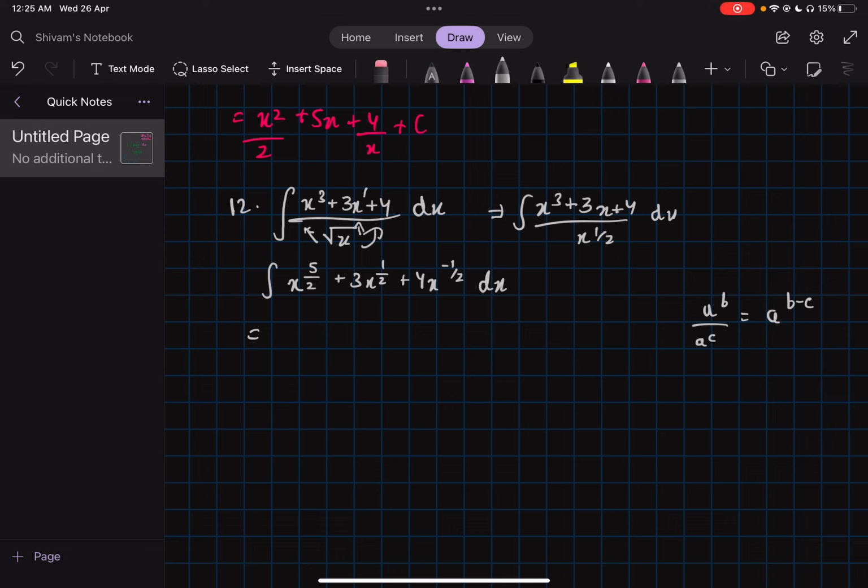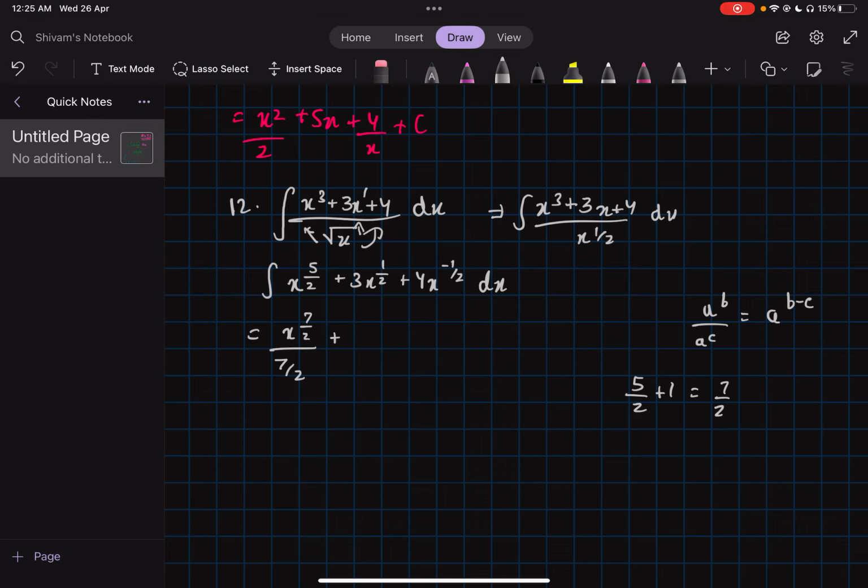Then you're going to want to use the power rule separately again. For x to the 5 by 2 power, you're going to want to add 1. When you add 1 to 5 by 2, what you get is 7 by 2. So x to the 7 by 2, you're now going to divide by the new power.